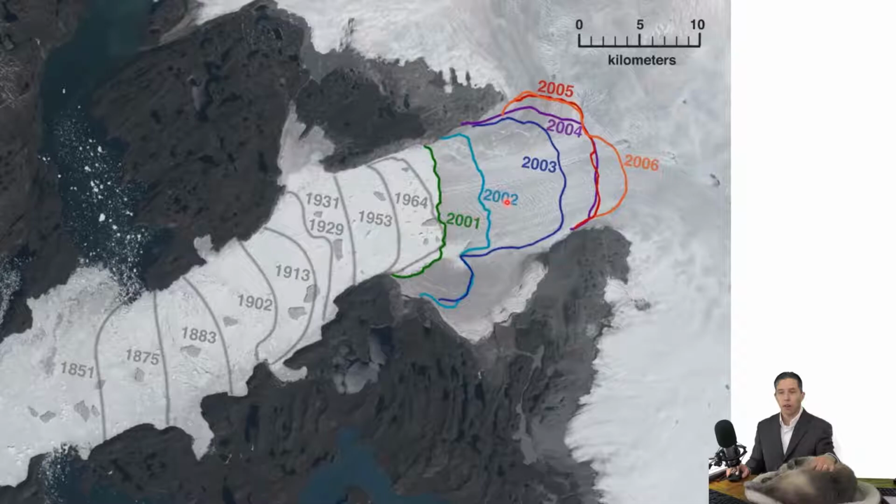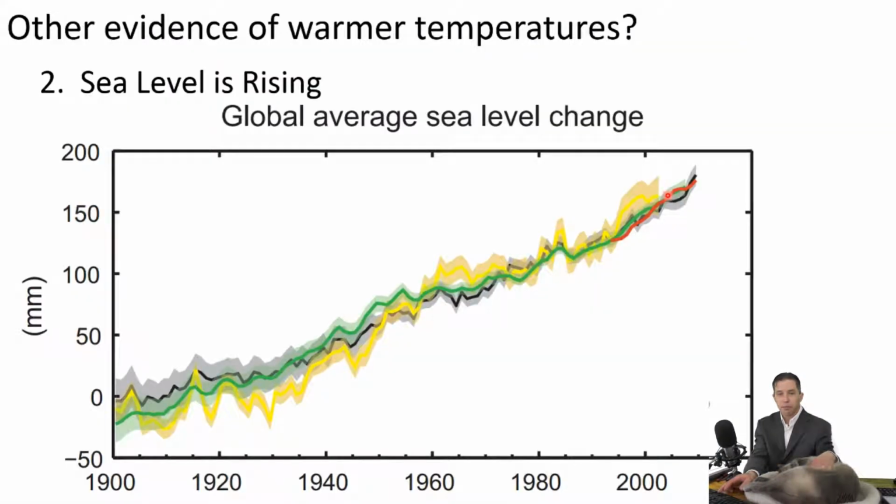In the 2000s, it's up here. The last mark on here is actually over 10 years old now. It's 2006, and they need to update this image, but the glacier is now somewhere back here. So it's been retreating every year, more or less, as the climate has gotten warmer.